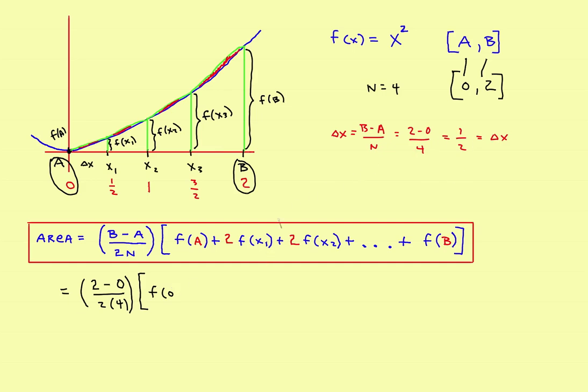Actually, I think I'll do that in red so they kind of stand out a little bit. So let's say we'll plug a 0 into the function. Then plus twice the function evaluated at x1, which is 1/2. So we'll plug a 1/2 into there.